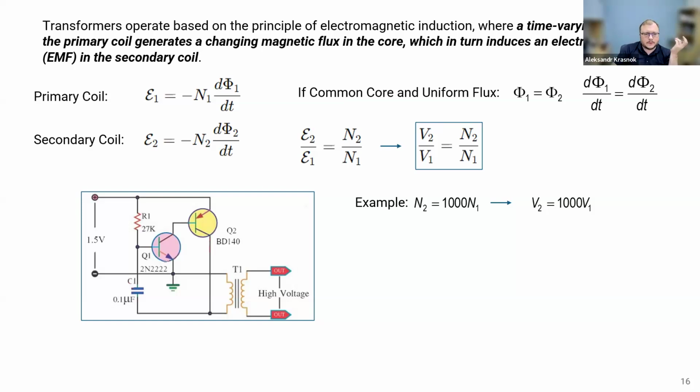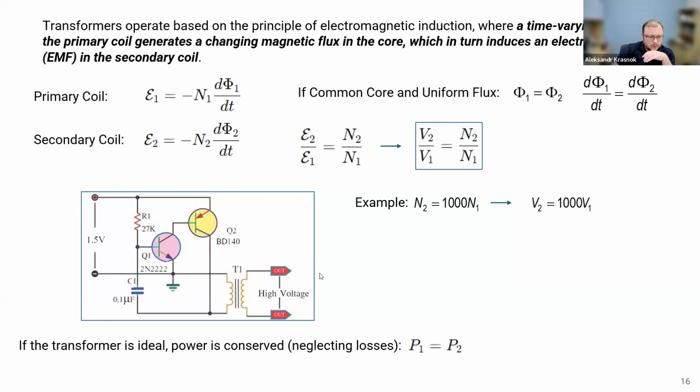Power is the main thing. The voltage is just secondary. The voltage is nothing without stating what is the current in the circuit, right? So the fact that we raised voltage by a factor of 1000 means that we reduce the maximum current in that circuit also by a factor of 1,000.